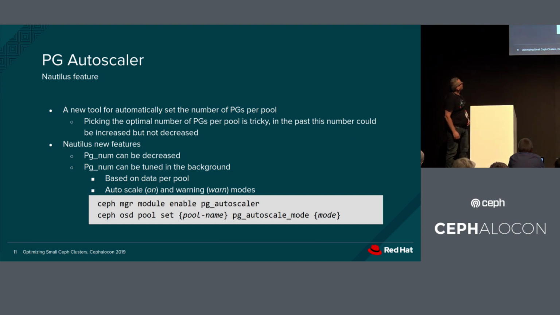Then we have a new tool that Sage also talked about in the keynotes. Setting the number of PGs per pool was some kind of black magic. Now, it works quite fine on larger systems.